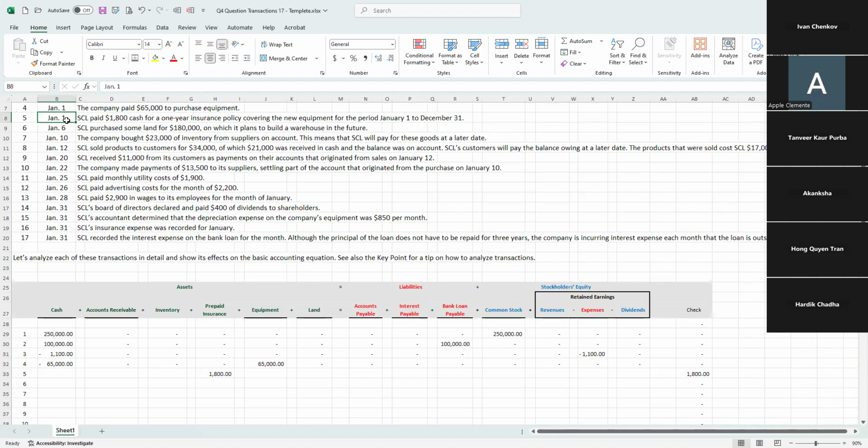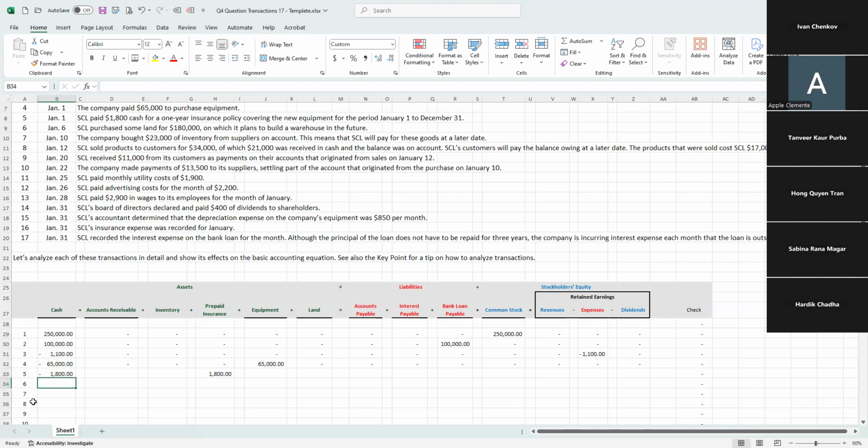Have I used the insurance? No, because I haven't started using it yet, so that's going to be prepaid insurance for me. And how did I pay? Cash. So what's going to happen with cash? It decreases, going down, minus 1,800.